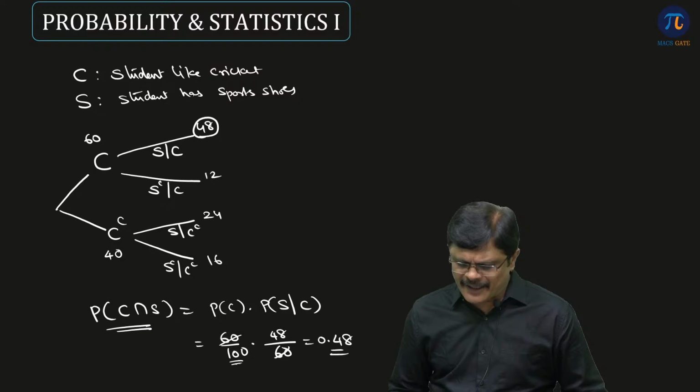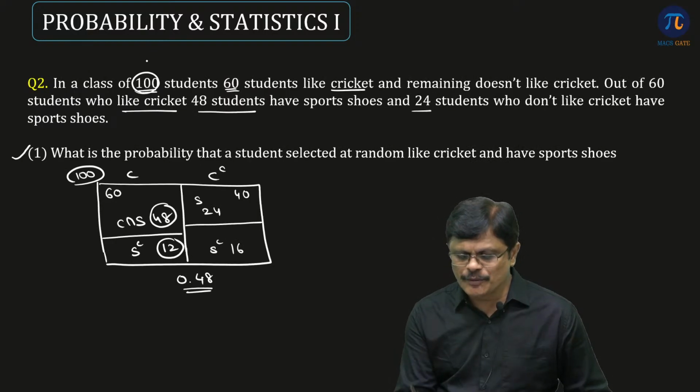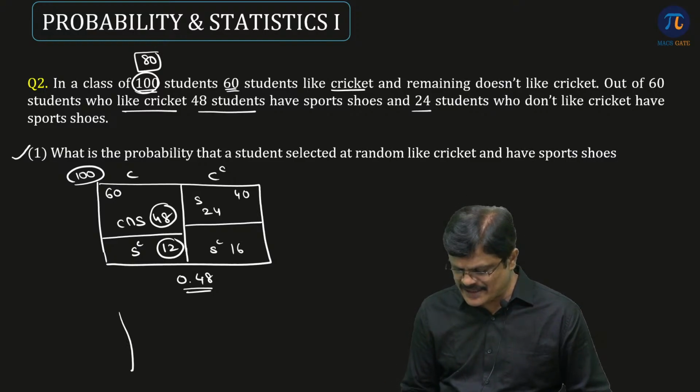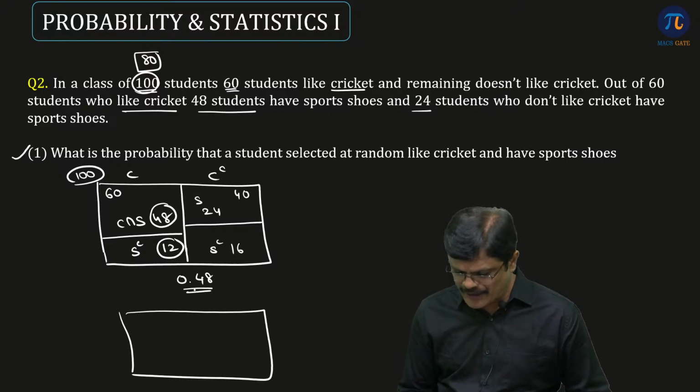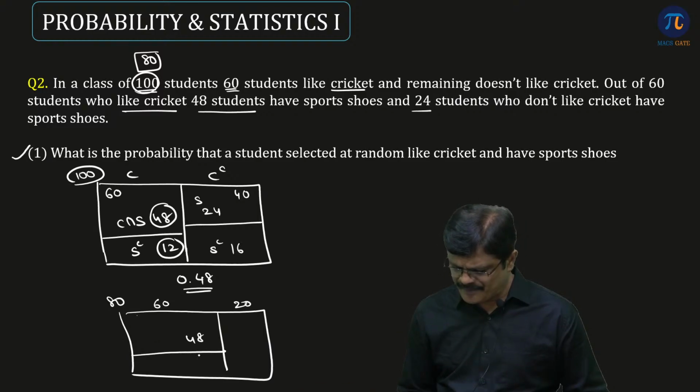So you can try different numbers, as I told you. Suppose instead of 100 students, you may be having 80 students. In that case, what happens? Let us see the story. Suppose you are having only 80 students, 60 students. Here it is 60 and here it is 20. Out of 60, 48 like and remaining how many?